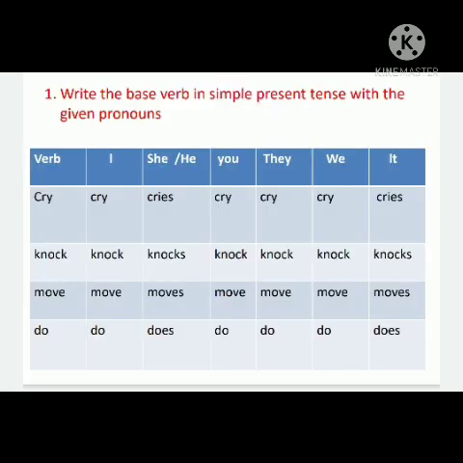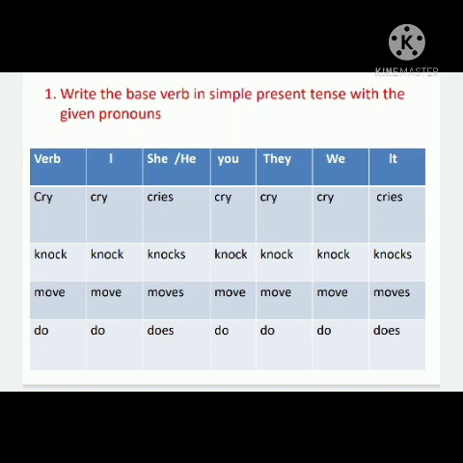Dear children, I hope you all understood this simple present tense and how to form a simple present tense sentence. So let us solve some exercises of this grammar part. The first main question is, write the base verb in simple present tense with the given pronouns. In the textbook they have given one column.